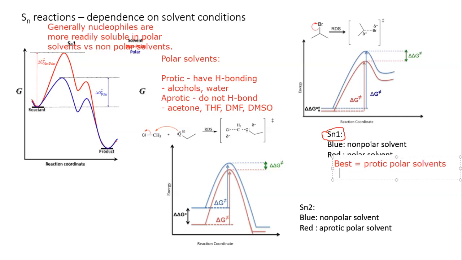The reason we want protic polar solvents for SN1 reactions is that they stabilize the carbocation, and they do this through ion dipole interactions.